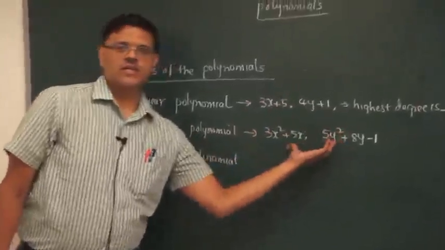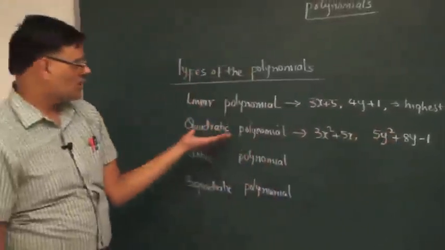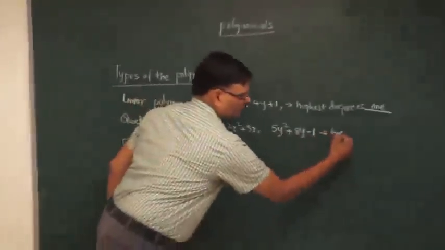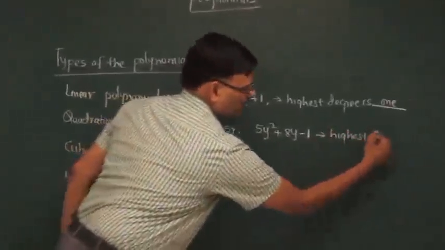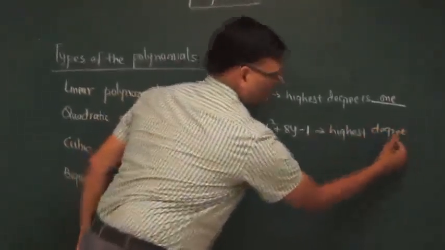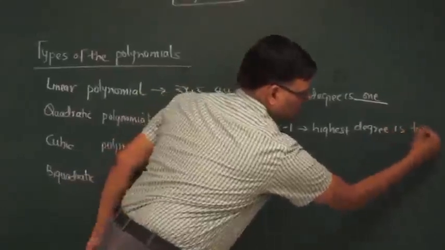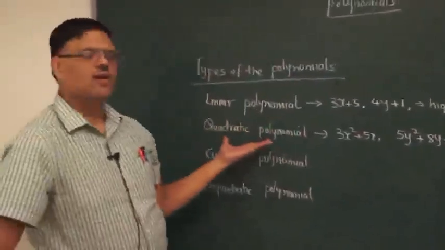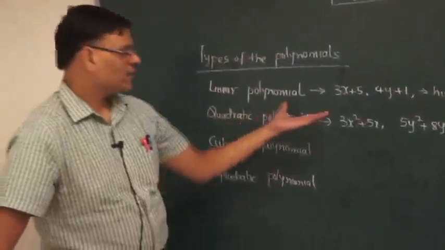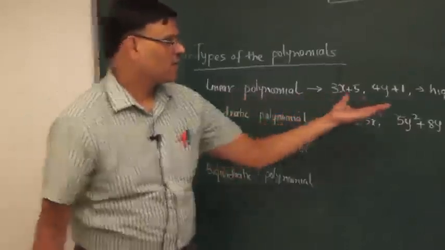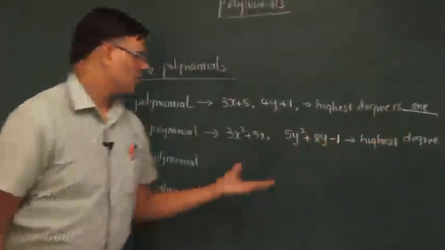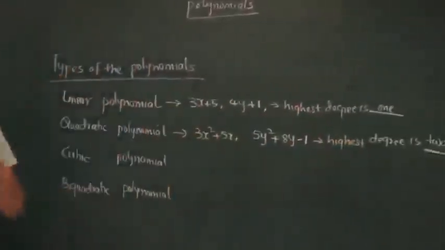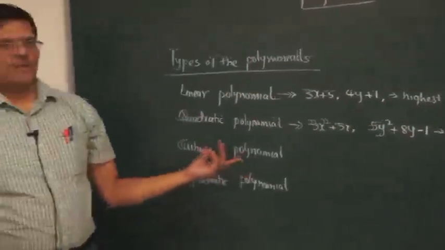If any expression in which highest power is 2, then it is called a quadratic polynomial. If it is a linear polynomial, the highest degree is 1. If it is a quadratic polynomial, the highest degree is 2.